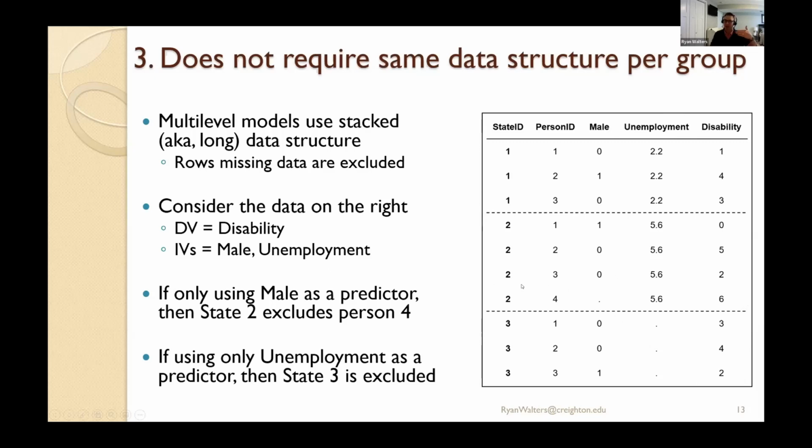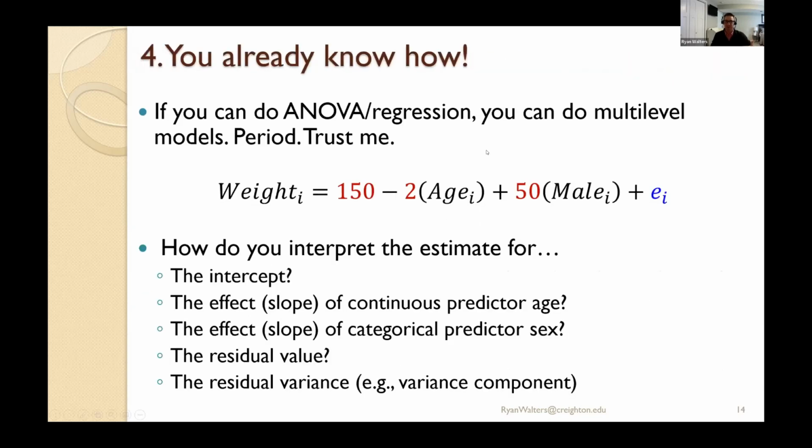We're deleting or excluding individuals nested within those level 2 units. We're going to be assuming at level 1, the missing data are at least missing at random. No more is going to be said about that. Missing data is a workshop in and of itself. I don't want to dive too much into that minutia, but just know if you're missing level 2 things, that level 2 unit is going to be gone because again, it is a constant for everybody within that.